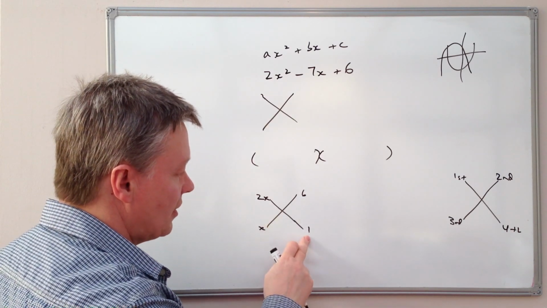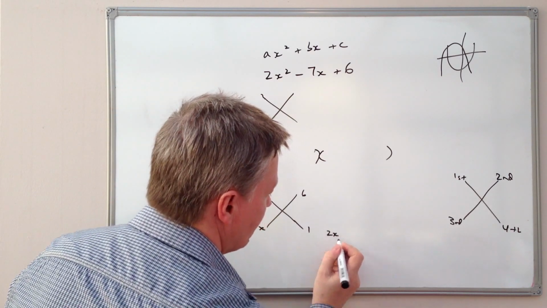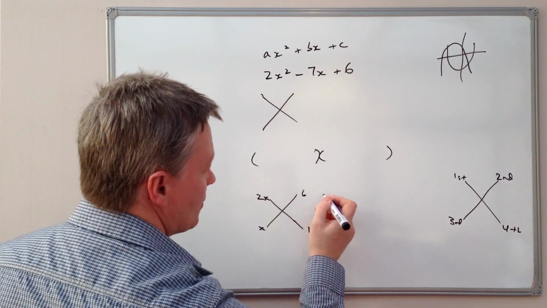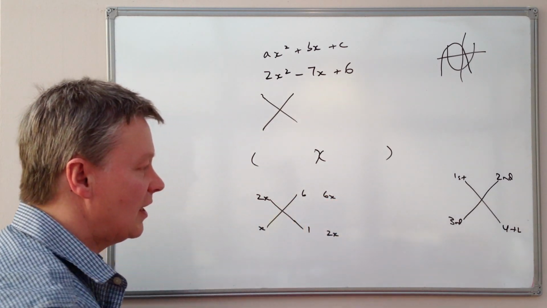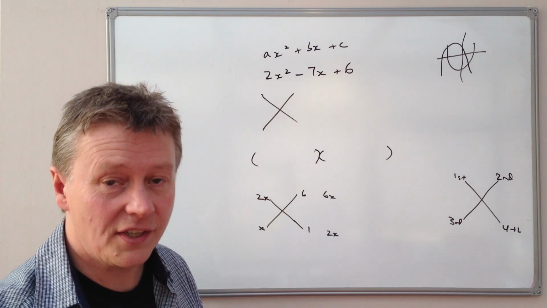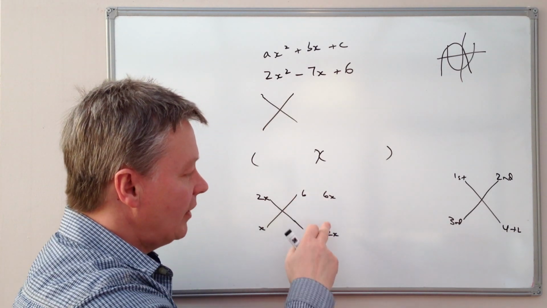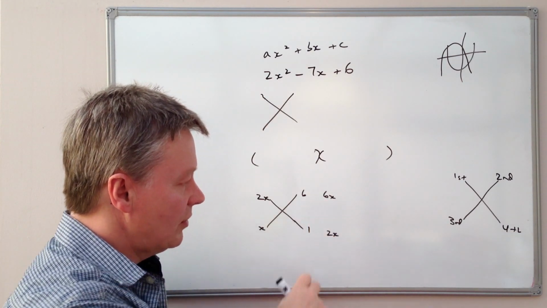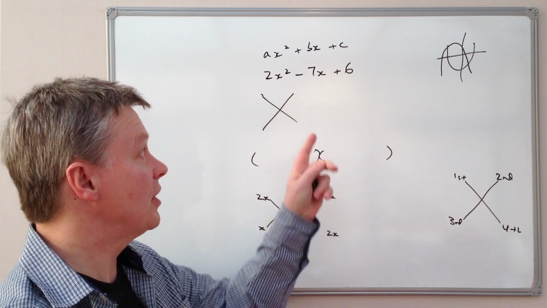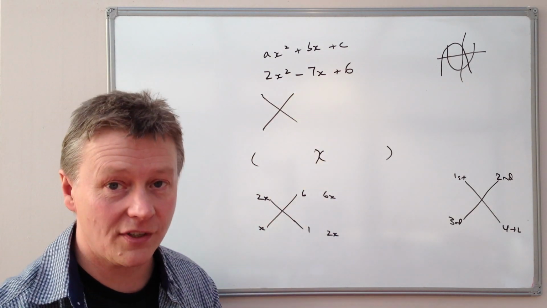So I've got 2x times 1, which is 2x, and I've got 6 times x, which is 6x. Now the question I have is, is there any way that I can manipulate these two terms in order to produce negative 7x?